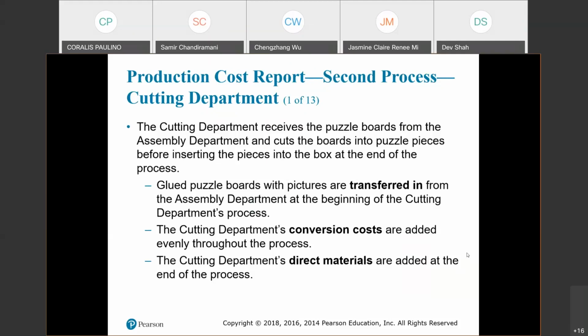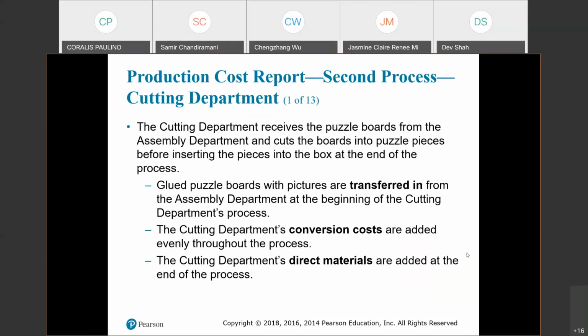So operations for this department include 3 inputs. The first inputs are, of course, from the first department.